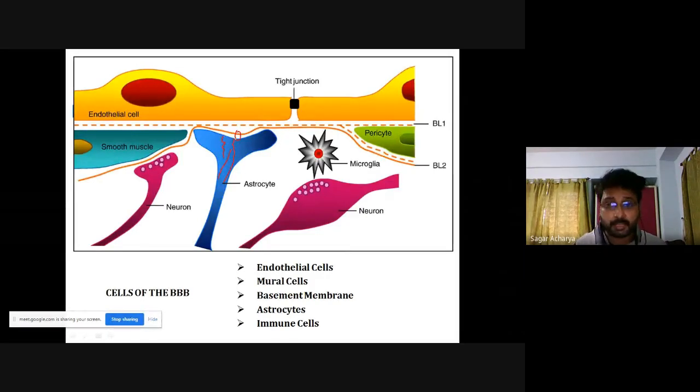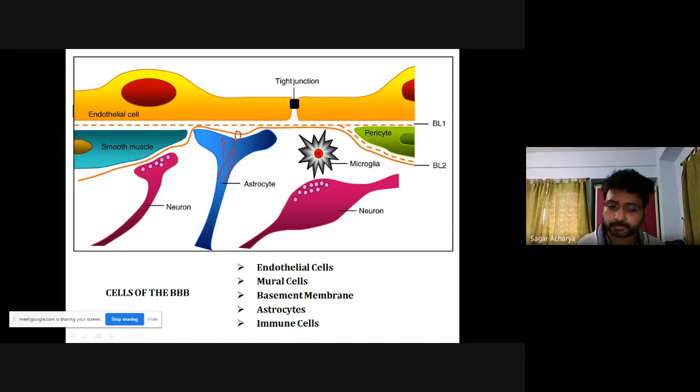Another important thing I have to mention is that these cells contain an important receptor, the orthogonal array of particles, called aquaporin 4. Aquaporin 4, as its name indicates, maintains water homeostasis within the central nervous system.